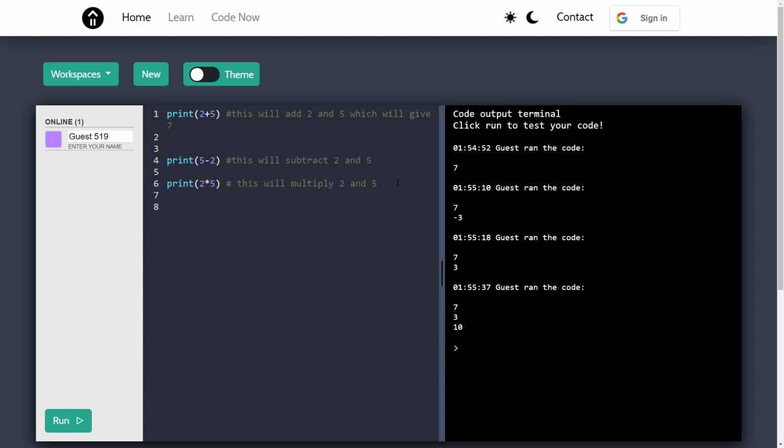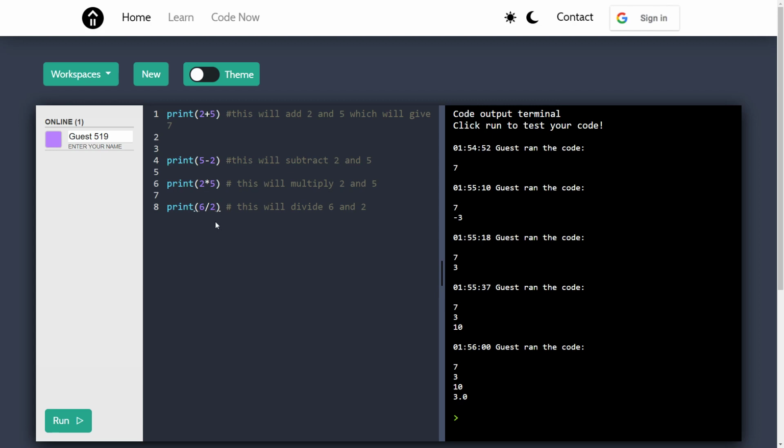And the last one for the basic arithmetic operations is division. Print 5 divided by 2. Actually, we'll do 6 divided by 2 because that'll be even. 9, 6, and 2. So it gives 3.0. The reason it gives 3.0 is because whenever we use a single divide, it's going to give a decimal value.